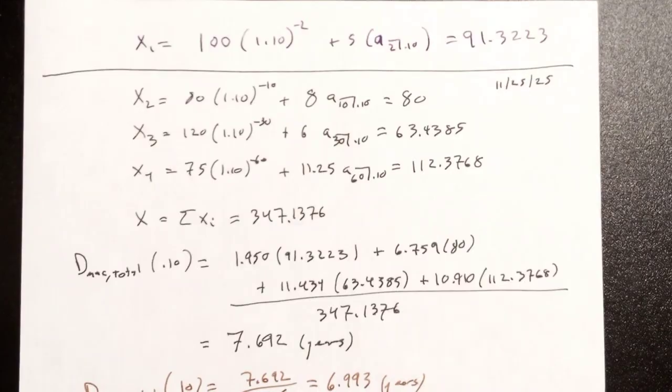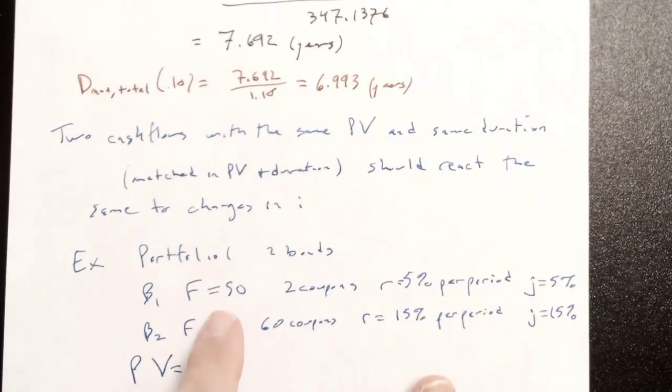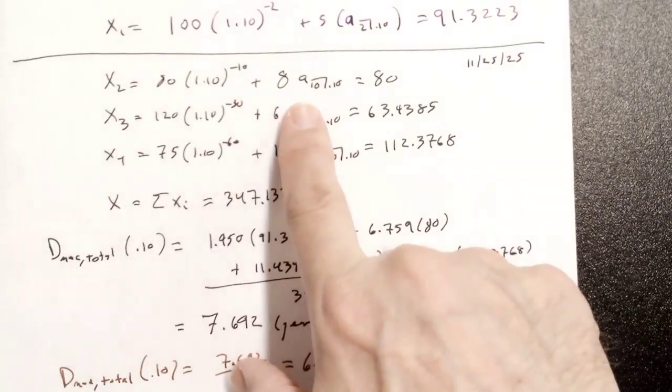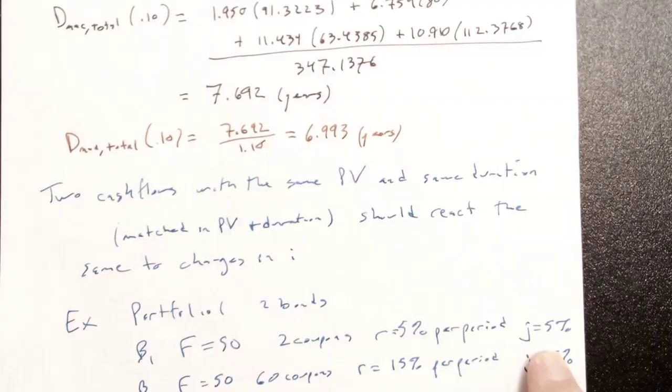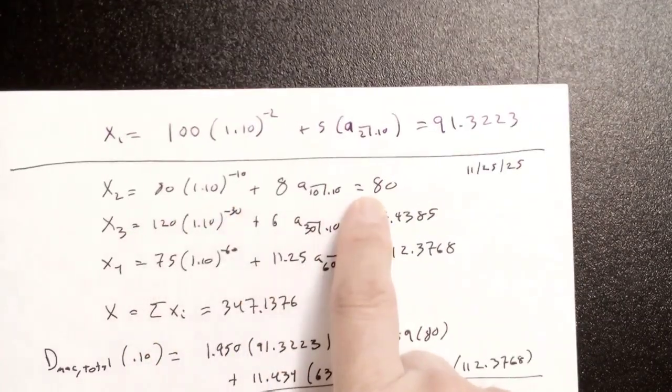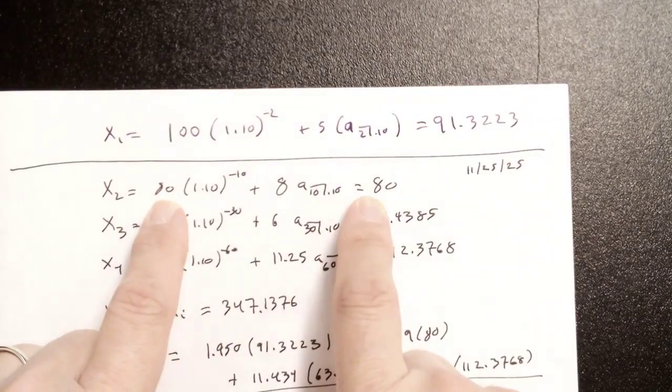So I have a $50 payoff, 2 coupons at 5% of that. That means each coupon is $2.50. And I do the 50 here and the 2.50 here. And they're at 5%. Wait a minute, they're at 5% and 5%. That's at par. When it's at par, it matches out.